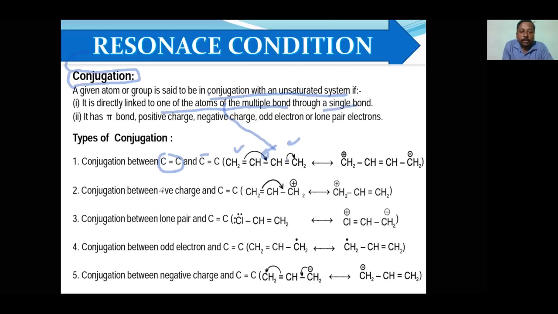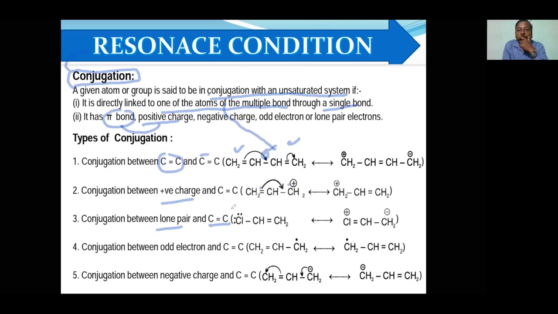Next conjugation. This pi-pi example we got. Next is positive charge: pi bond and positive charge example. Next, lone pair and C=C, the double bond. Sometimes a lone pair is also possible. Here this carbon may have a lone pair, or chlorine may have a lone pair.